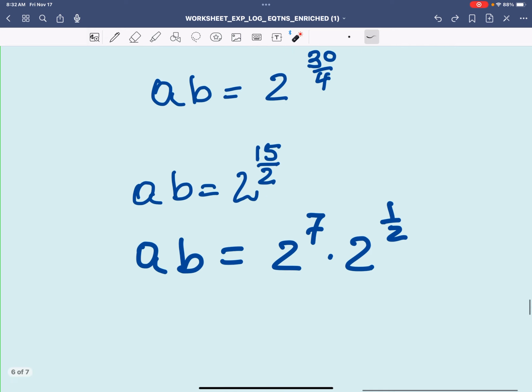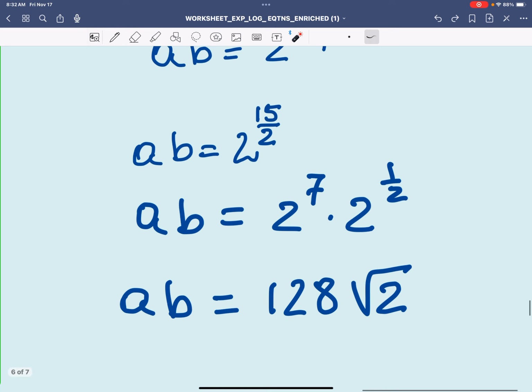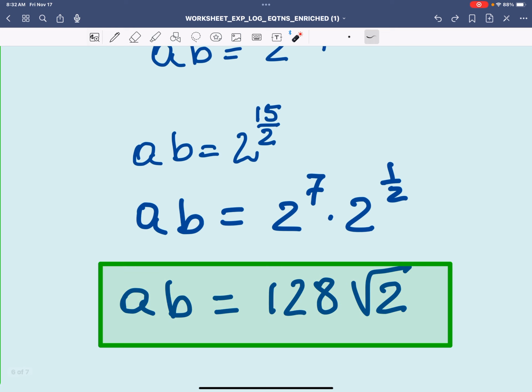So 2 to the power of 7 is equal to 128, and 2 to the power of a half, remember, is nothing but a square root. So the product a times b is 128 square root of 2.